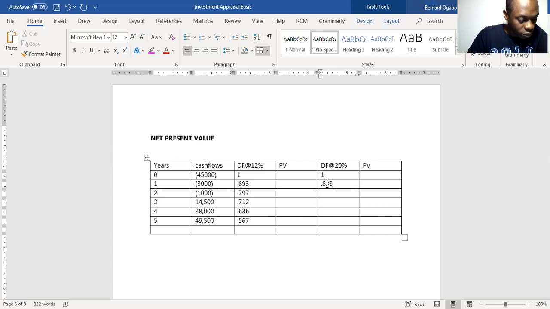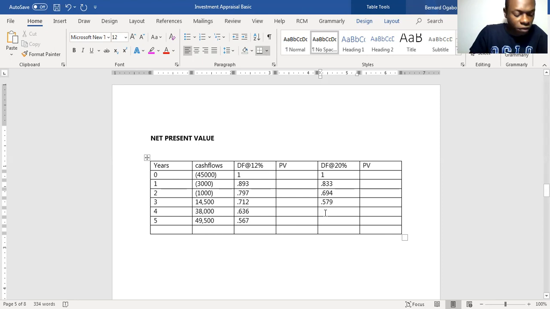At 20%, year 1, I have 0.833. Year 2, I have 0.694. Year 3, I have 0.579.